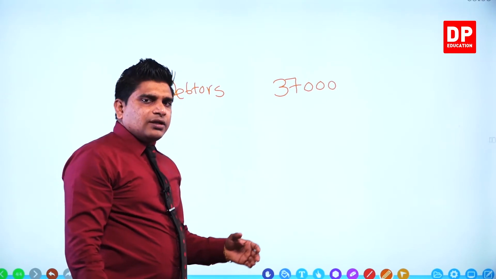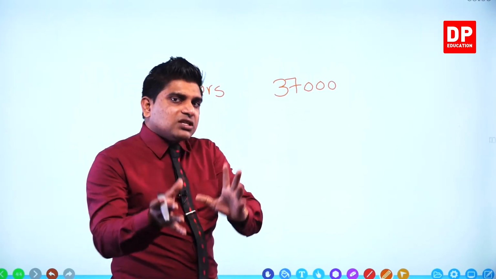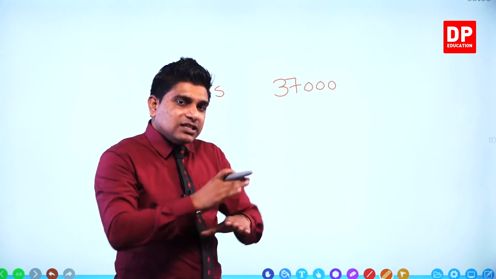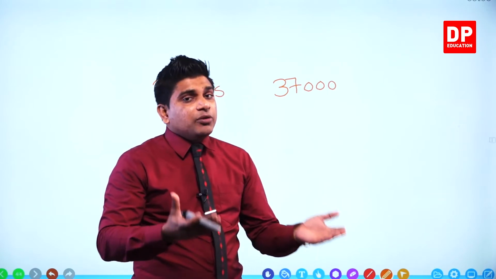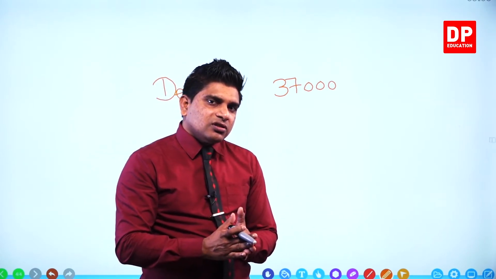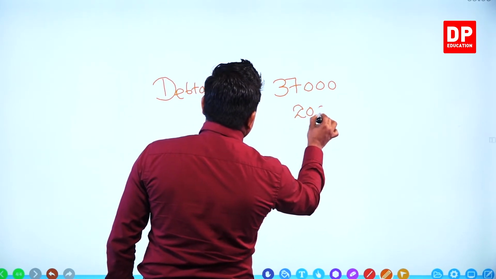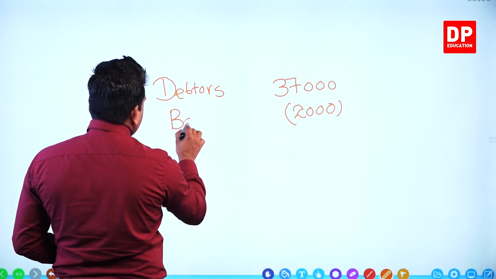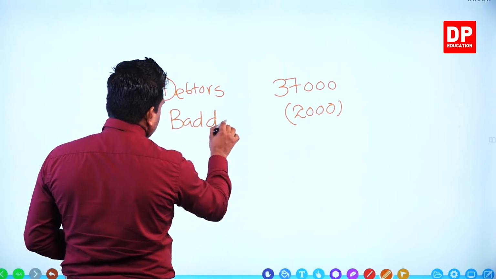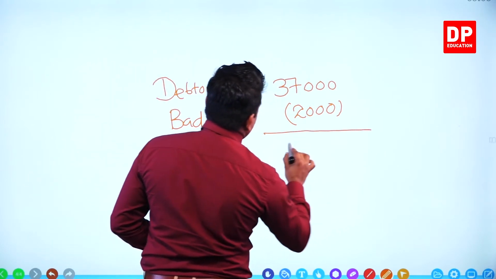But 2,000 rupees out of this is written off as bad debts. Why? They confirm they are unable to pay their payments. Then you remove this 2,000 from the relevant debtors. What is this? This is bad debts. You must write down these workings also. Then 35,000.